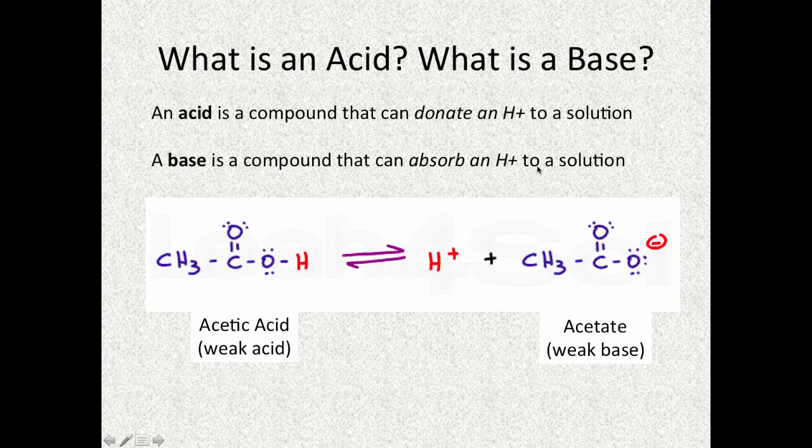So if we think of a common acid that is relatively weak, called acetic acid, which you might recognize as being vinegar.